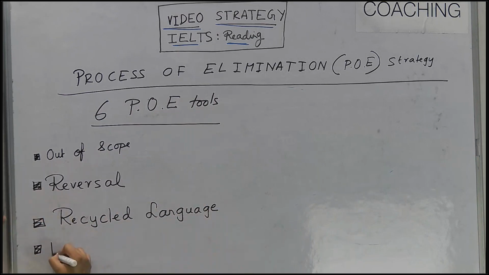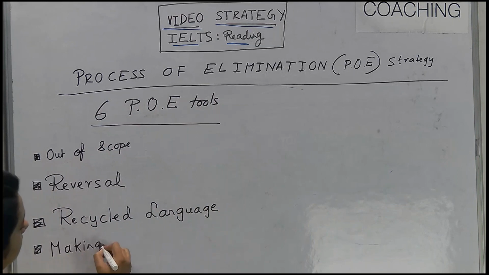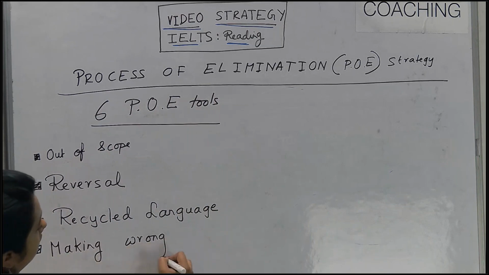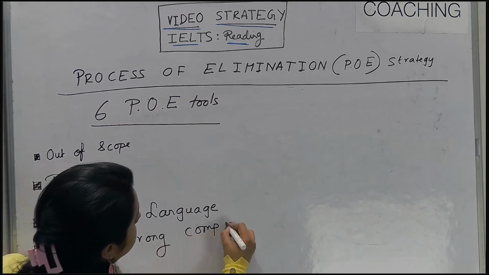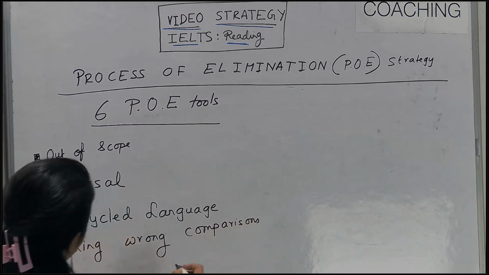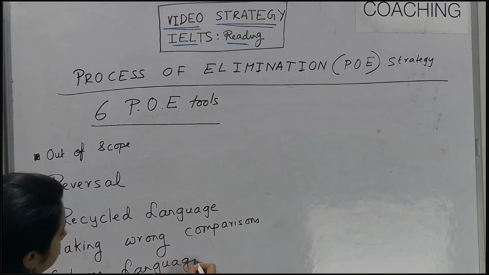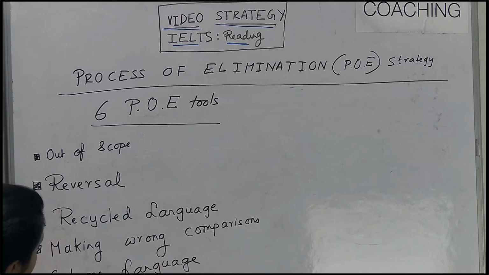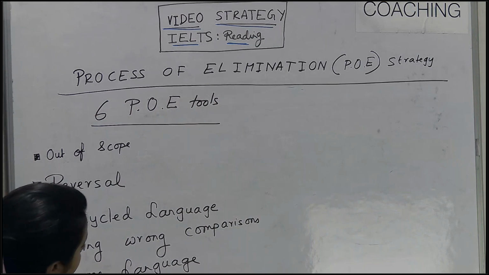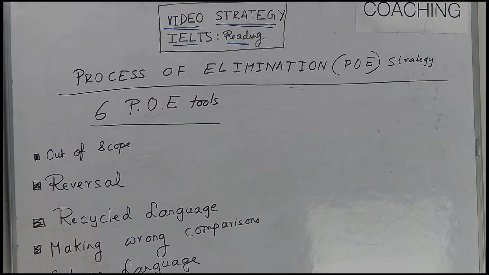Number 4, making wrong comparisons. Number 5, extreme language. And last but not the least, outside knowledge. So these are the 6 process of elimination tools. I believe all of you are able to see these 6 process of elimination tools.